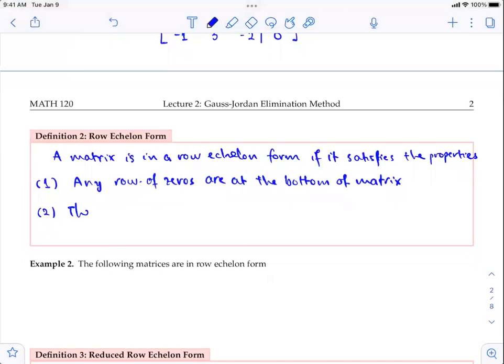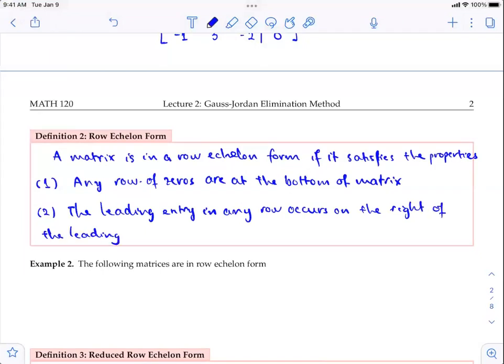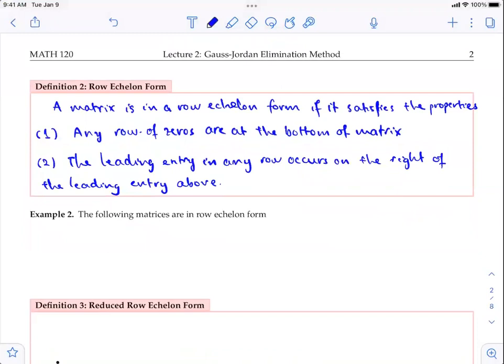So the leading entries in any row occur on the right of the leading entry above it. It's a little bit unclear at this point for the second property, but let's consider the following example.